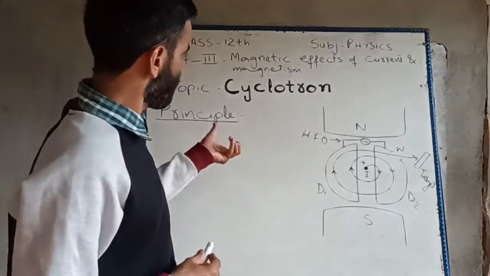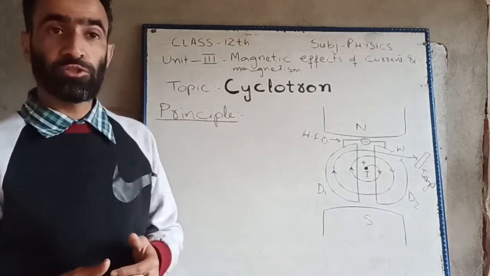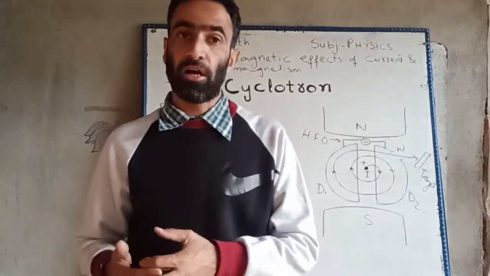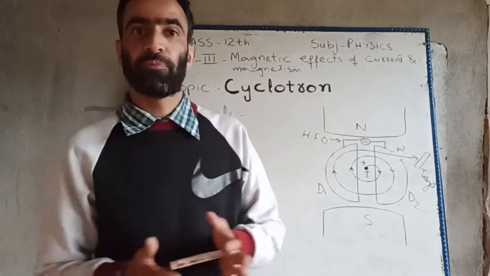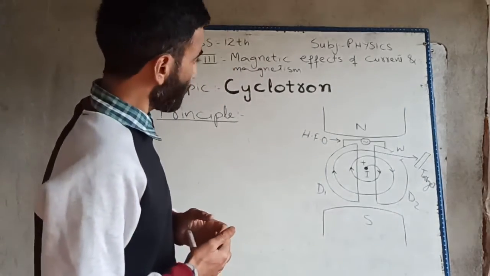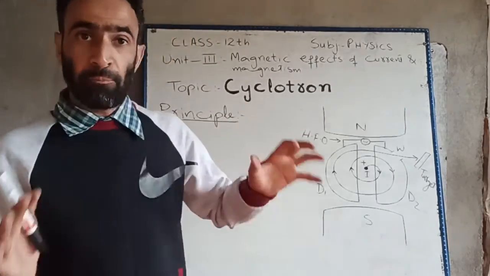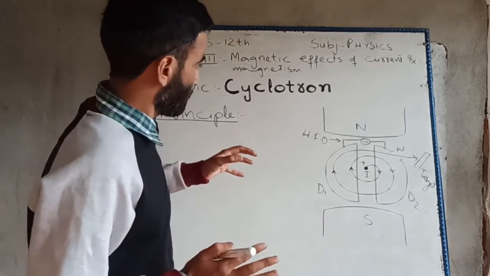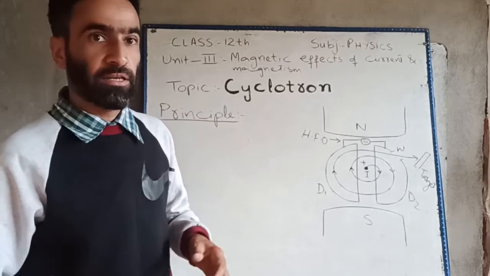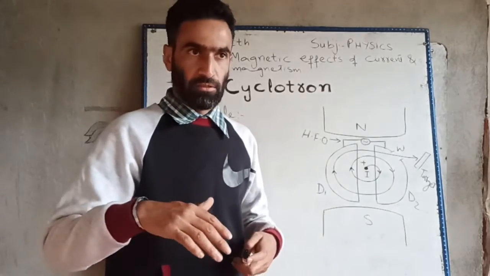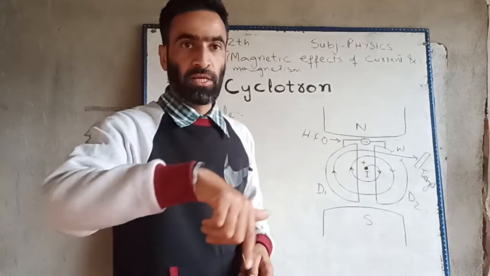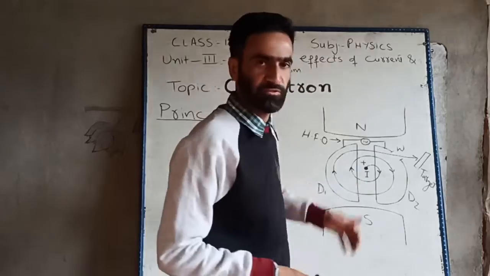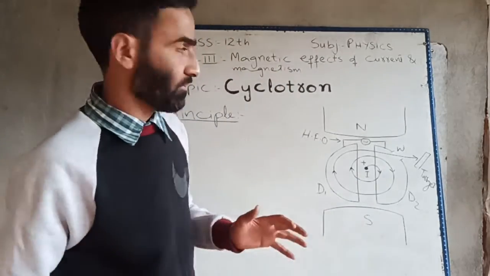This device works on the principle that a positively charged particle can acquire very high kinetic energy, very high speed, by applying a small oscillating electric field, when the charged particle is repeatedly put in the field again and again in the presence of a magnetic field. So this is the principle of this cyclotron.